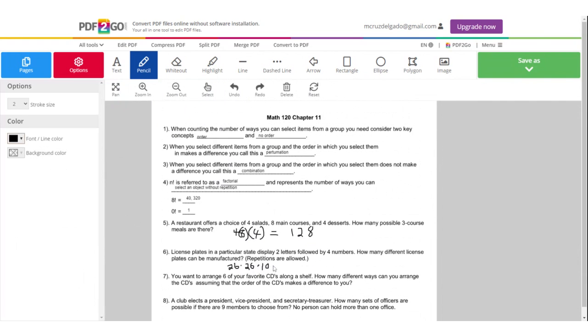We're just going to have 4 tens, which is just going to add 4 zeros to 28. 6 times 26. So that license plate would have 6,760,000.